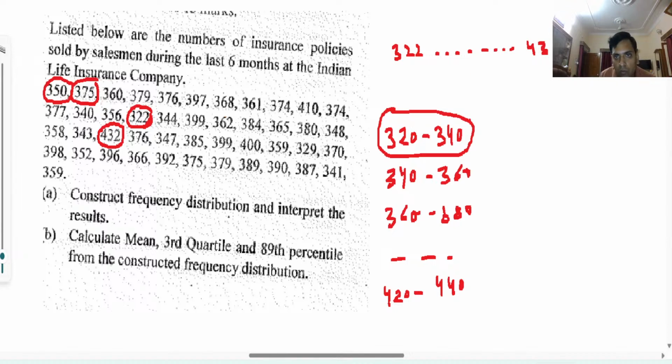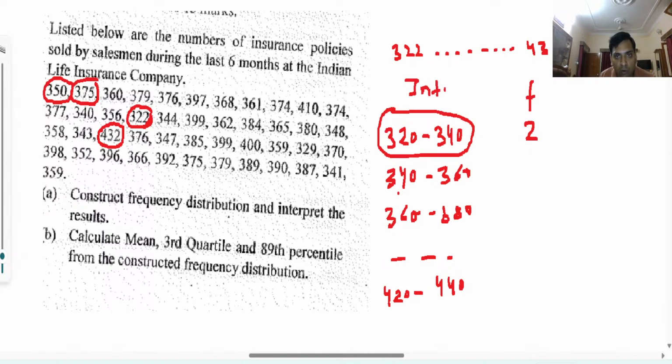Okay, so we will not take the quantity exactly 340 in this interval. We will take quantities just less than 340. So we will count quantities from 320 to just below 340. I think in this case there are two quantities. This is the frequency and this is the interval.